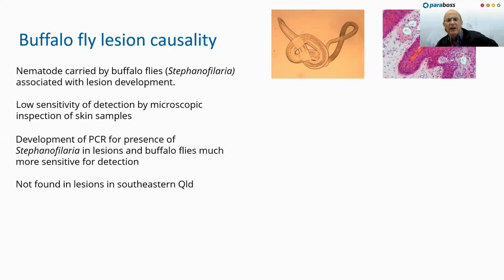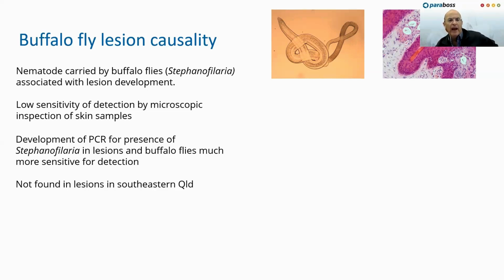Now, finding these lesions has always been difficult. It always had to be done by taking skin samples, and this is not very sensitive at all. So what Noman, the student working on this project, did was to develop a PCR means for measuring the presence of Stephanofilaria, which was much more sensitive than using skin samples.